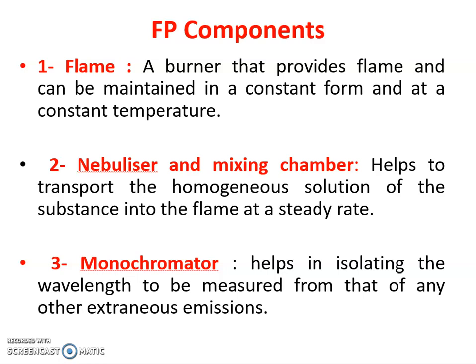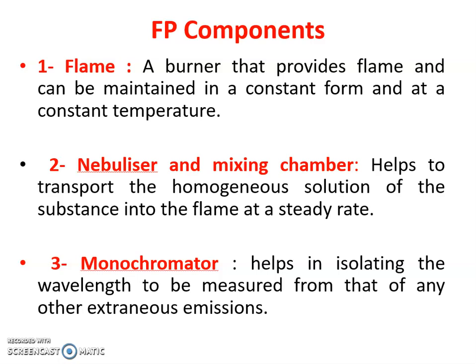Now, flame photometry components. Flame: a burner that provides a flame and can be maintained in a constant form and at a constant temperature. Nebulizer and mixing chamber: it helps to transport the homogeneous solution of the substance into the flame at a steady rate.